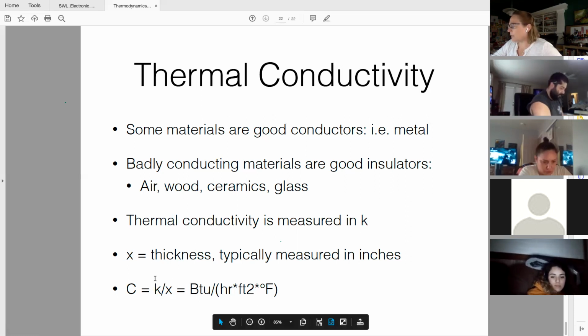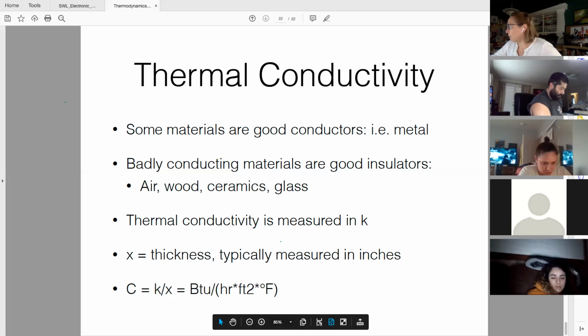So you have your material thermal conductivity divided by your thickness, which gives you your BTUs per hour foot squared degree Fahrenheit.